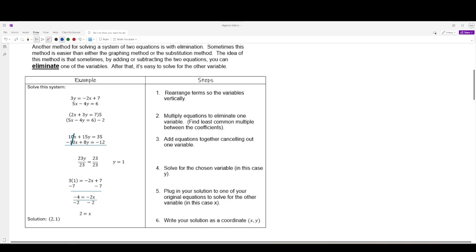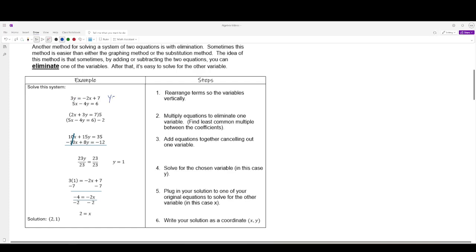Substitution seems nice on the surface, but we only saw examples where there was a variable that's easy to isolate. If I wanted to isolate one of these variable terms to get a single x or y, I would end up with some really terrible fractions. Say I wanted to solve this one for y, I have to divide by 3.